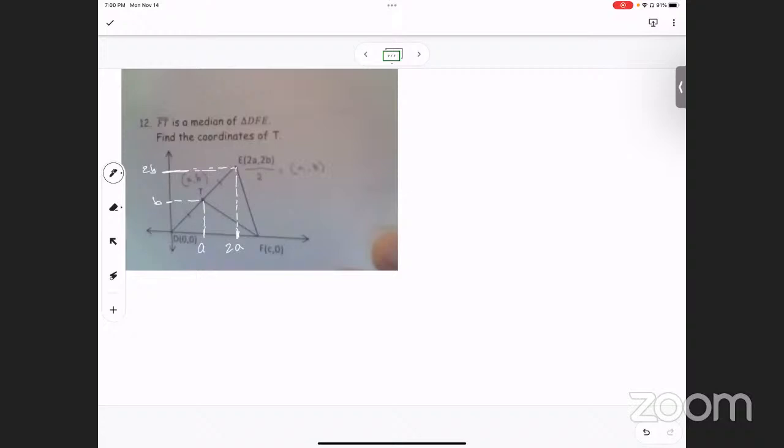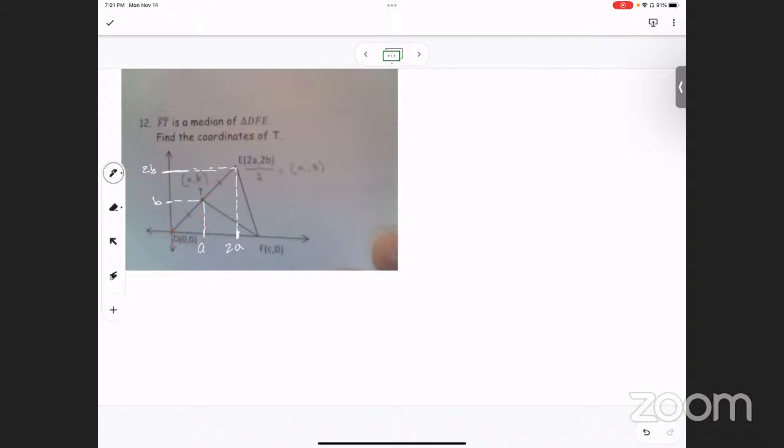Do you understand that they actually made it kind of easy for you by telling you that E is 2A comma 2B? So if you take this point like I did here, and you drop it down and you drop it over, there's your 2B, there's your y, and there's your 2A, there's your x. And since T is a midpoint, it's just halfway between there and this would have been 0.